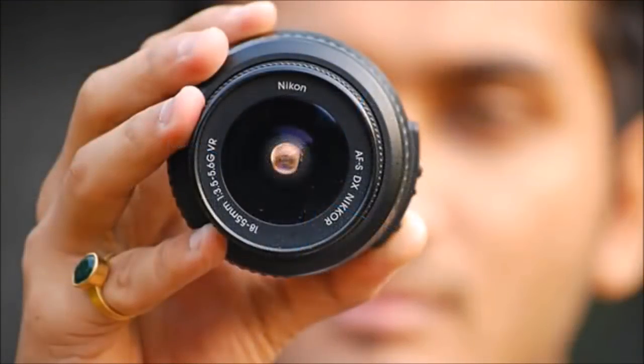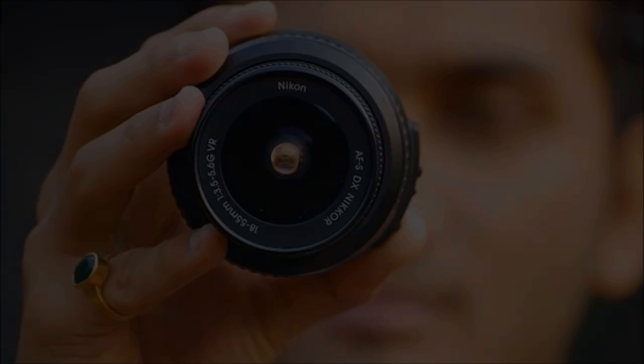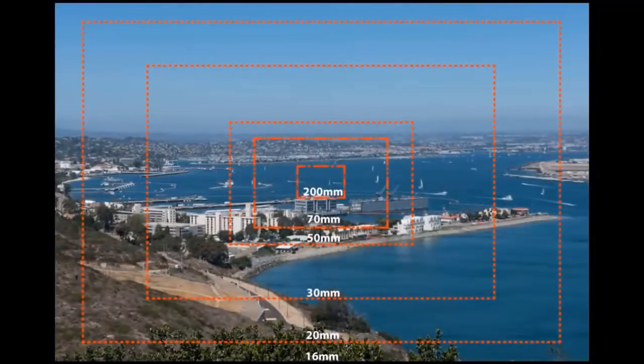In the field of photography, it is commonly known that the 50mm lens is the closest to the human eye and gives us images that represent what we usually see.